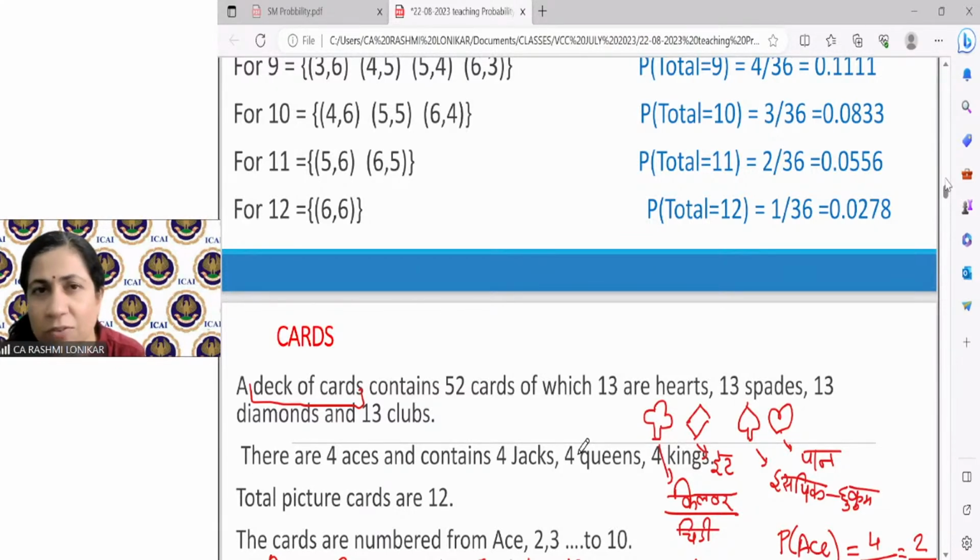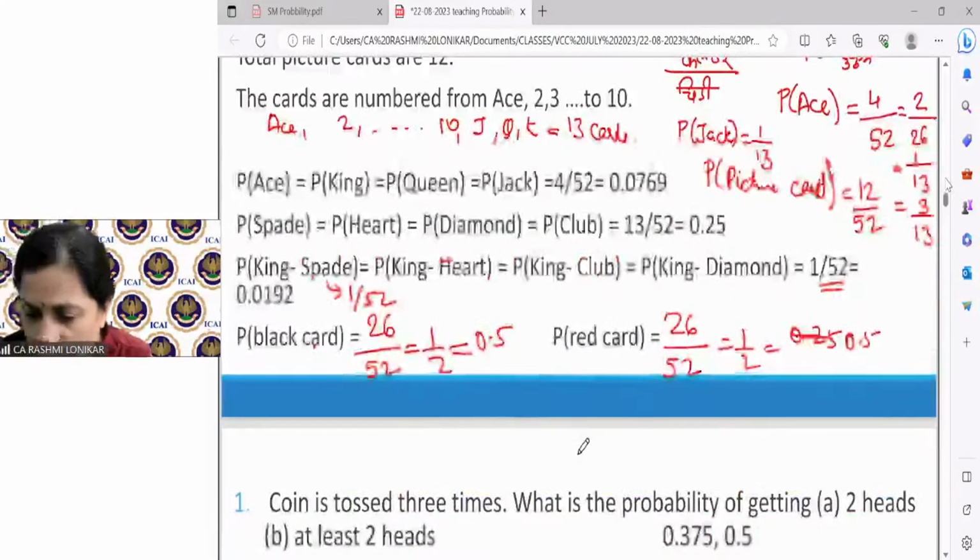For each set of cards, whether it's a spade, a club, a heart or a diamond, there will be 13 cards. Out of the 13 cards, one will be the ace, and you will have 3 picture cards, jack, queen and king, and the remaining 2 to 10, those numbered cards, will be 9. So 9 plus 1, 10, 11, 12, 13. This is how you should know.